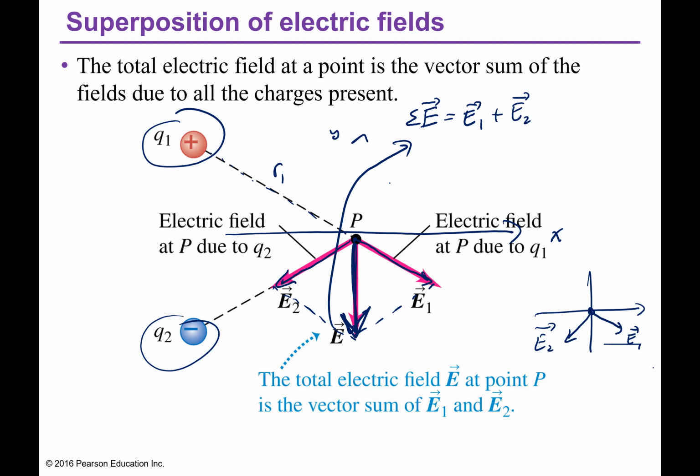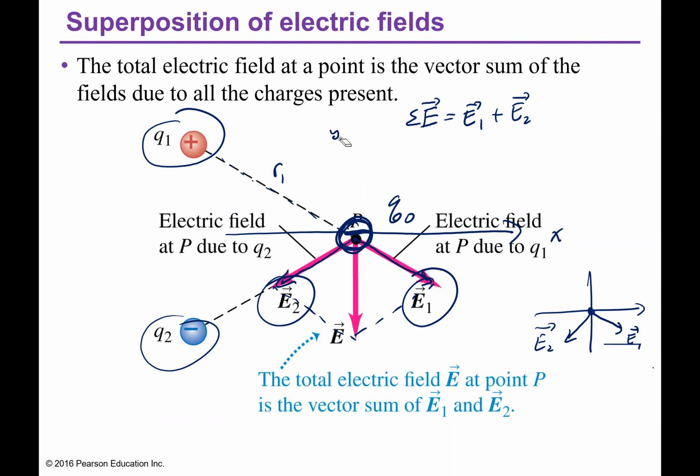That means if you put Q1 and Q2 at those exact positions, they're going to generate 2 electric fields. Here's one, here's second one. But what happens here is this. If I bring a negative test charge and I put it there, this negative test charge then will be affected by those 2 simultaneously.